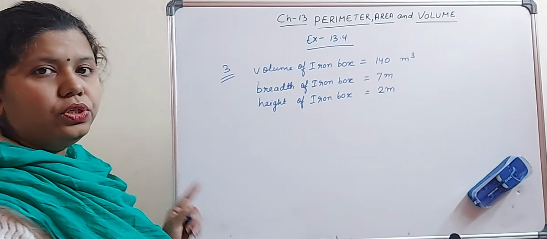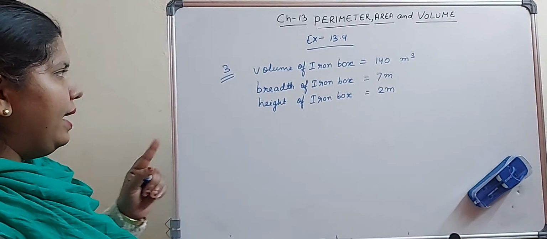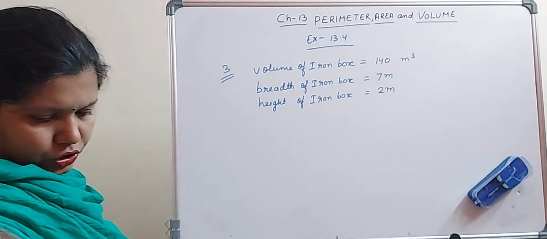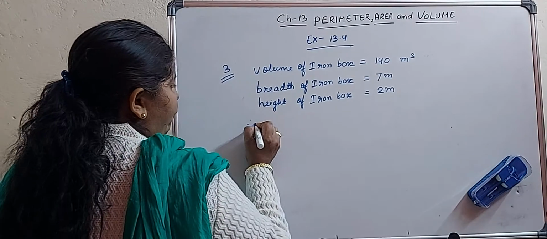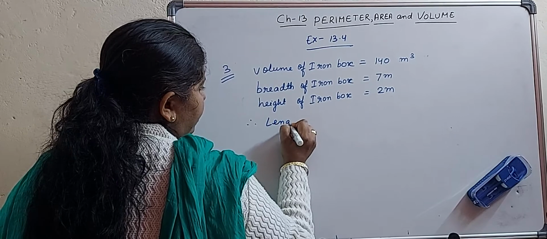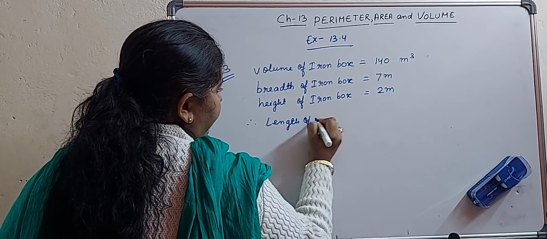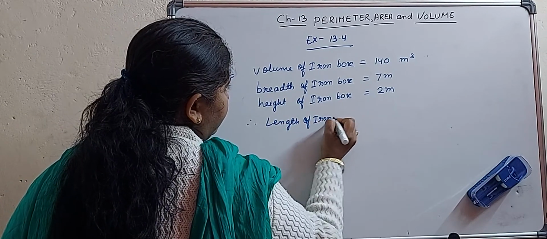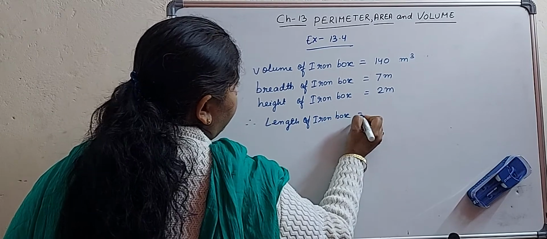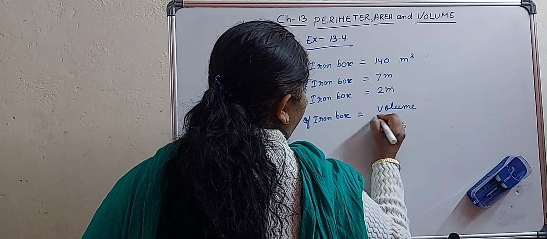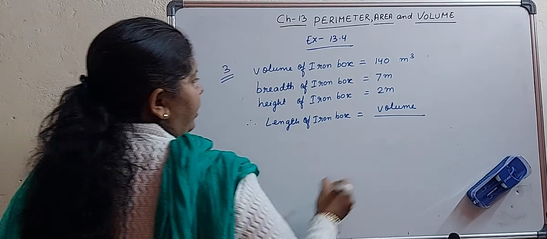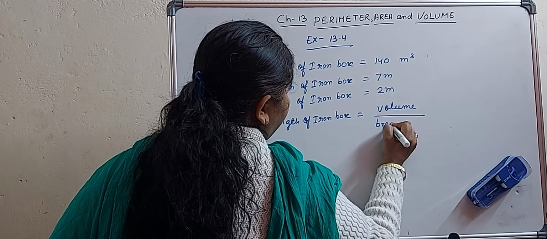Now, how to take out the length of the iron box? The question is, you have to find its length. Okay. So, therefore, length of iron box equal to volume by breadth into height.